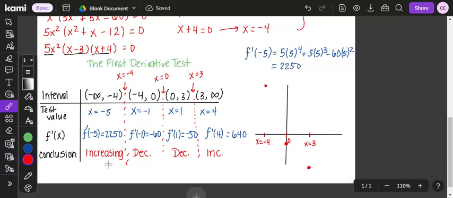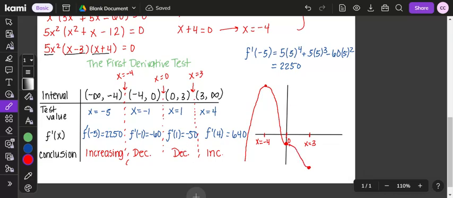Okay, now follow your conclusion. So from negative infinity all the way to that first critical point, we were going up. We were increasing. So something like this. And then we started decreasing towards 0. And we kind of flattened out at 0. So I'm going to flatten it out just a little bit. And then I'm going to keep decreasing down to this last point.